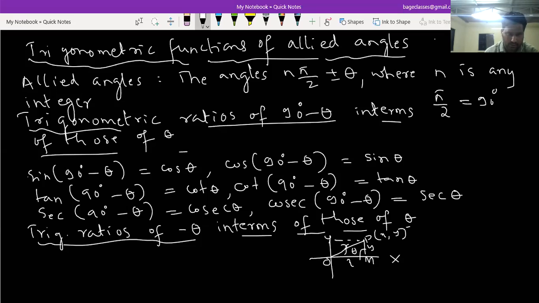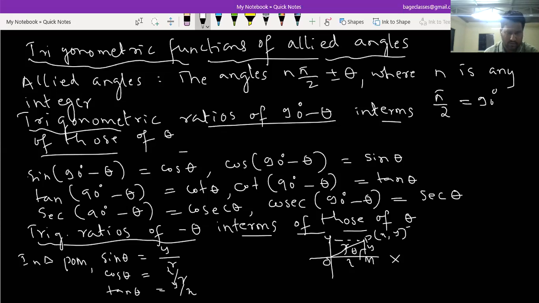In the right angle triangle POM, we can define sin theta equal to opposite by hypotenuse, y by r, and cos theta as adjacent by hypotenuse, x by r, and tan theta as opposite by adjacent.